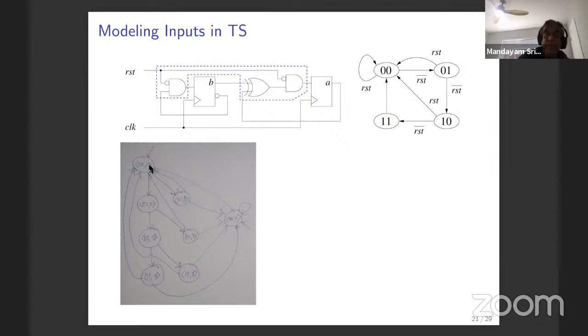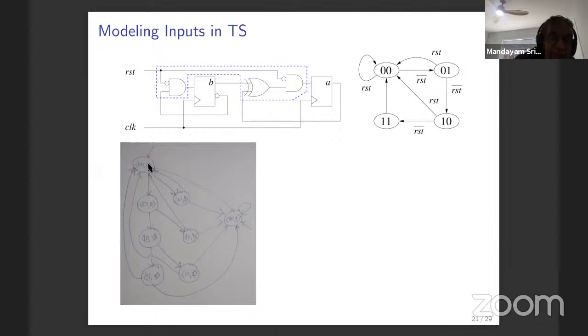And I will allow reset to change non-deterministically, whereas A and B are defined in terms of reset and the original value of A and B. As you can see, this is the initial state with 0, 0, and 0.